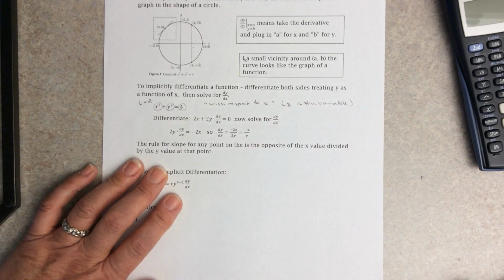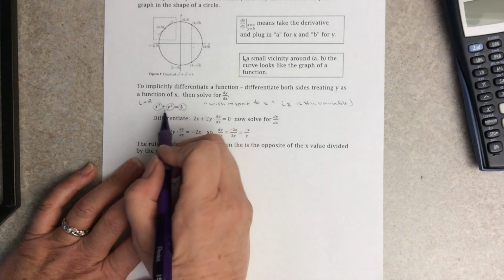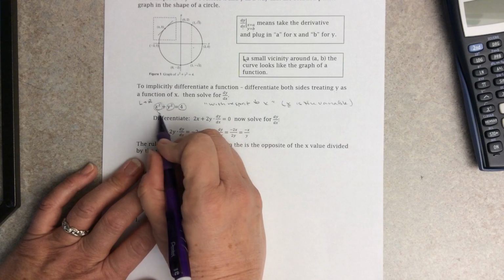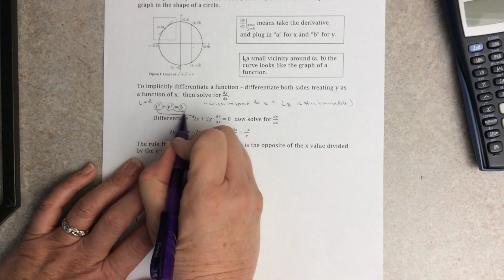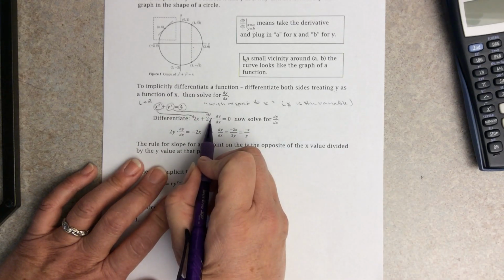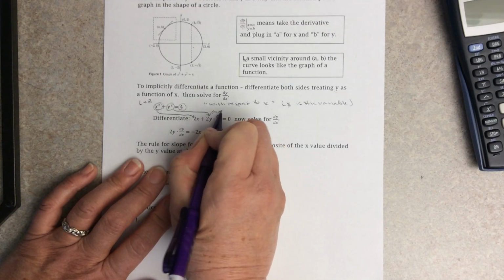Y is the function. So when you differentiate x squared, you get 2x. That's the simple power rule. When you differentiate y squared, you don't get 2y. You get 2y times dy/dx. That's the chain rule.